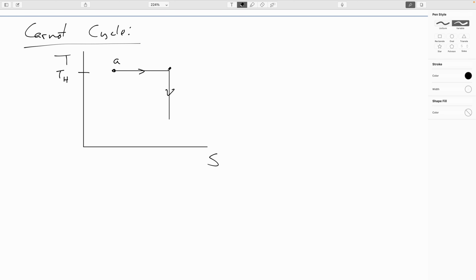I'll call this point A, this point B. We need to drop down to our colder temperature using an adiabatic expansion. So this is an isothermal expansion. Remember, for an adiabatic expansion, we saw that the change in entropy is 0.